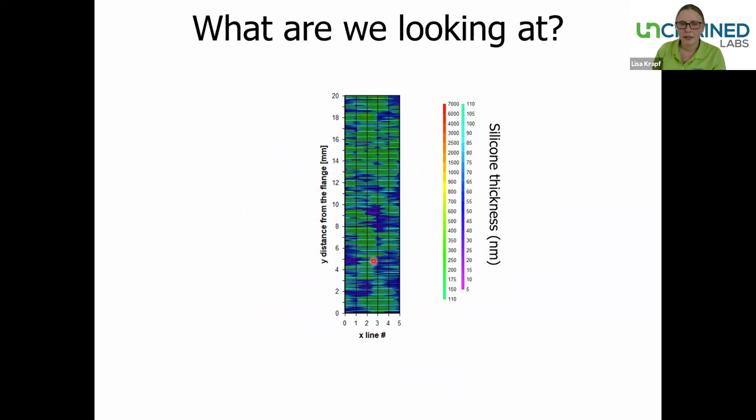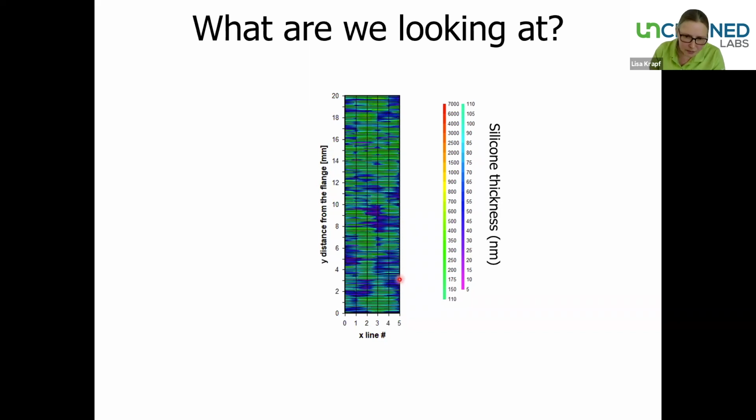Before I go into the details of the results, let's have a look at what we actually are looking at. So we see again those heat maps Bouncer creates, where the area we see represents the inner surface of the syringe, and the color represents the layer thickness.